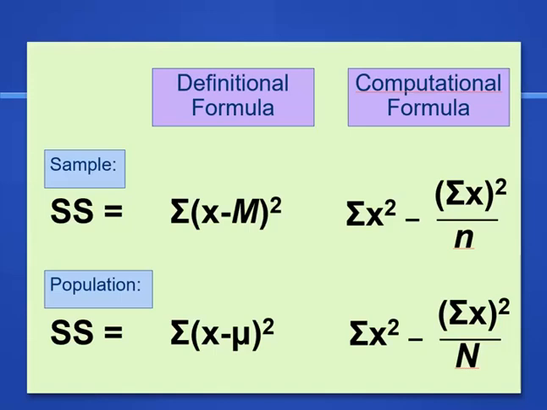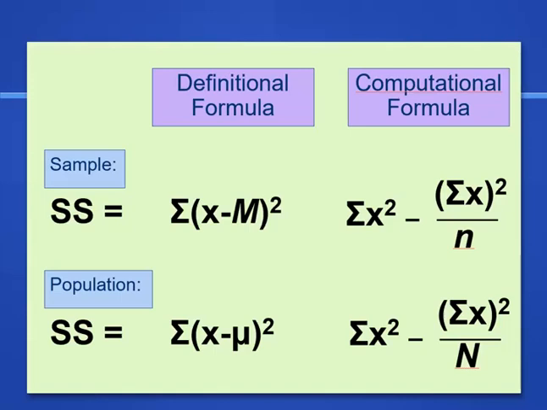As we go throughout the semester and we're using the sum of squares in future computations, I'll let you know which sum of squares formula you should use. But for now, we want to learn both of them. In the homework, you're going to use both of them. And in the examples that I have for today, we are also going to use both of them.